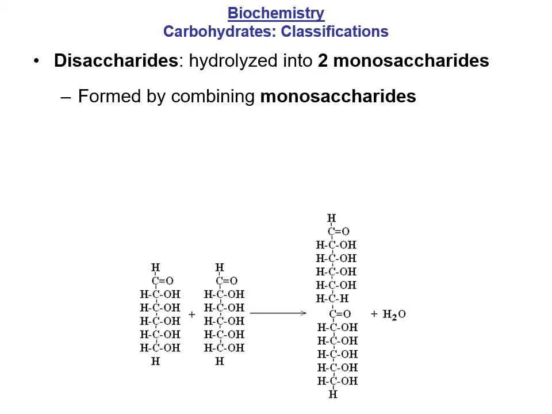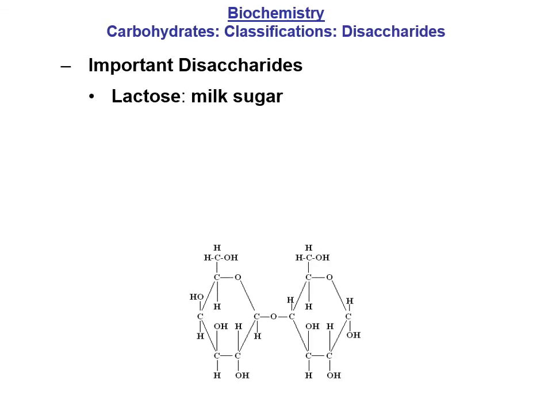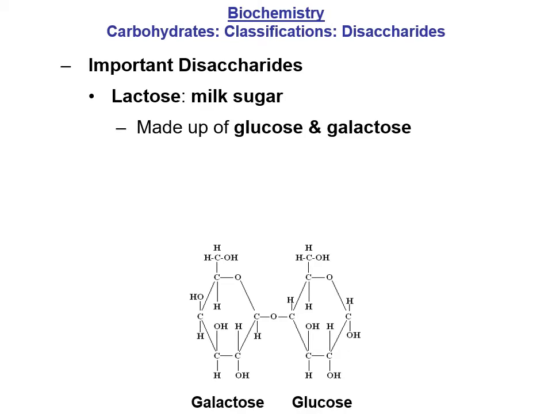So there are two main disaccharides that we look at. One is lactose. Lactose is milk sugar. This is made up of glucose and galactose. Glucose, again, is blood sugar. Galactose is brain sugar. And this is synthesized in the mammary glands of mammals.